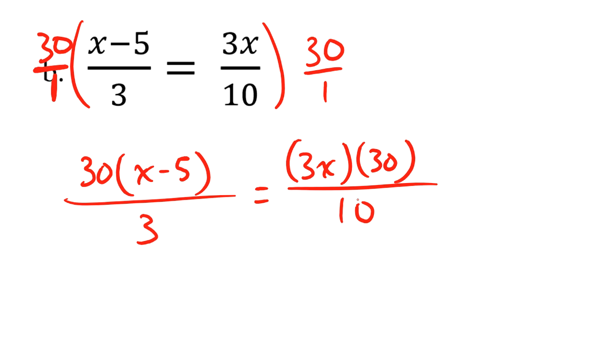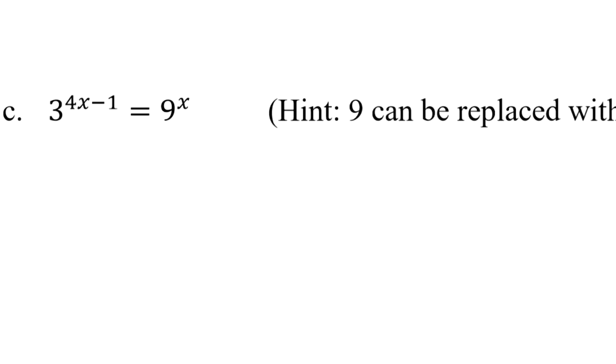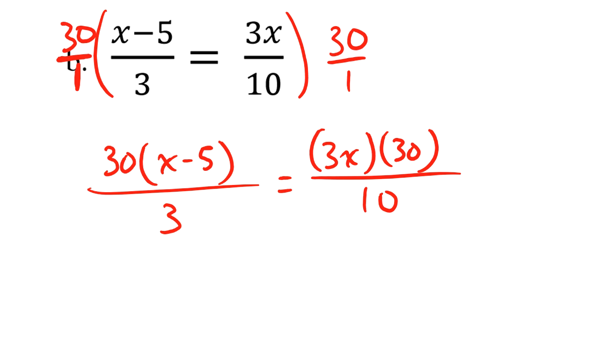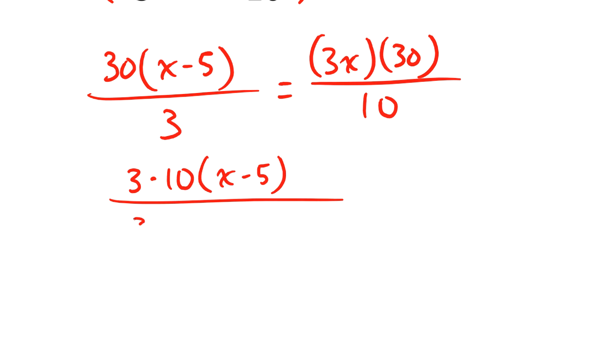So if I look at it, there are some giant ones that are lurking here. On the left-hand side, this is certainly a 3 times a 10 times an x minus 5. I've done this just so I can see very clearly that 30 over 3 really is 10.